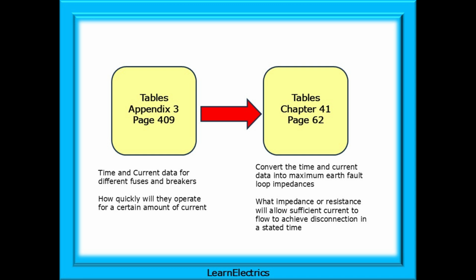The tables in Chapter 41, beginning on page 62, will convert the time and current data into maximum earth fault loop impedance, or Zs, Zs tabulated. These tables answer the question, what impedance or resistance will allow sufficient current to flow to achieve disconnection of the breaker or fuse in a stated time for safety.